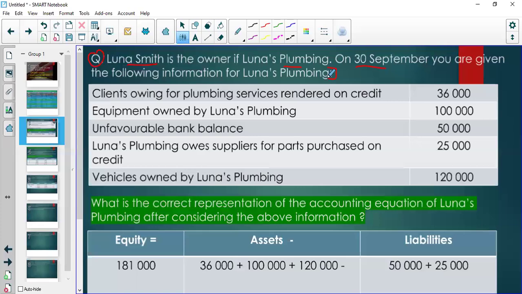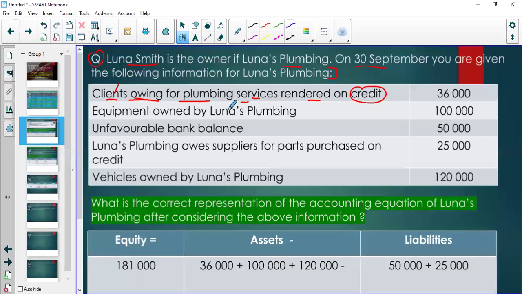The information says we have clients or customers owing for plumbing services rendered on credit. So what happens here is Luna Smith goes out to offer a plumbing service, and these guys haven't paid yet. So there are clients owing for plumbing services. So there's our customers. We sold to them our service on credit.